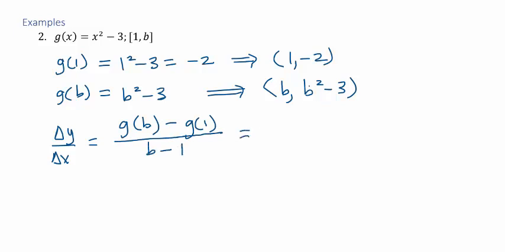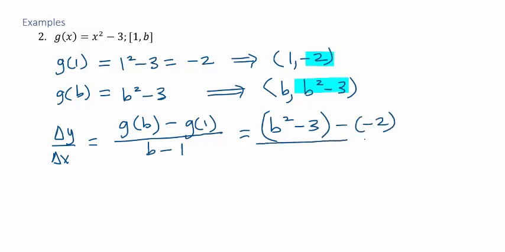And in this case, g of b is b squared minus 3, and g of 1 is negative 2. Okay, simplify the numerator. We have b squared minus 3 plus 2, or b squared minus 1, divided by b minus 1.